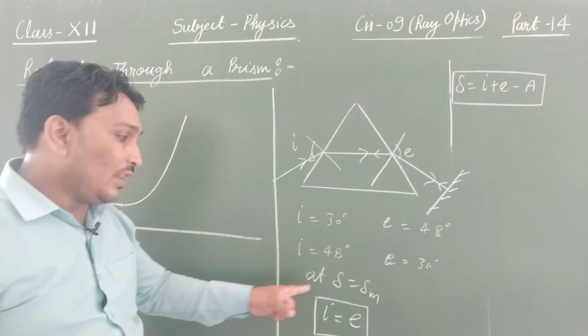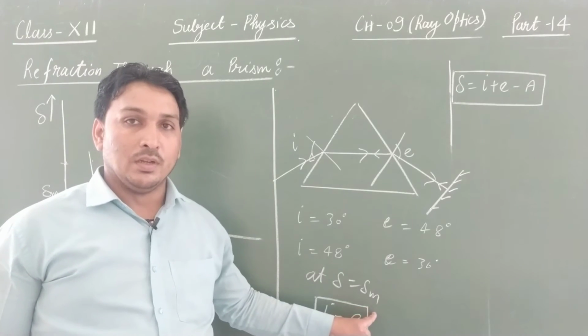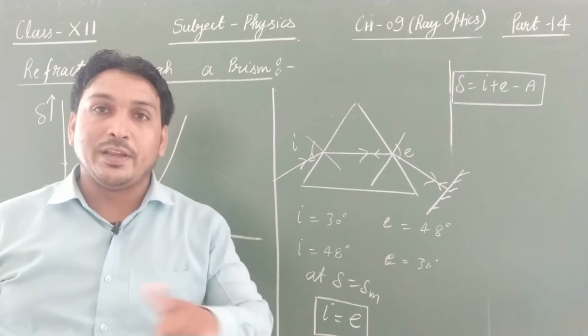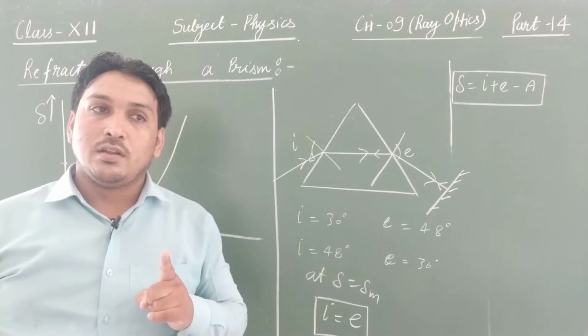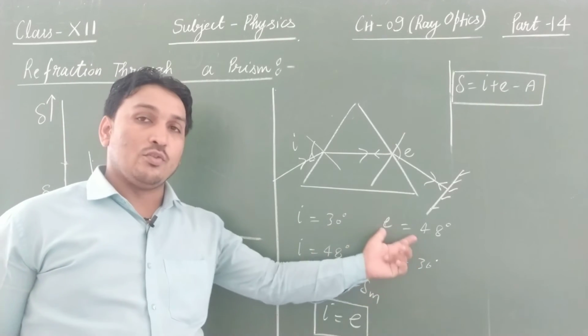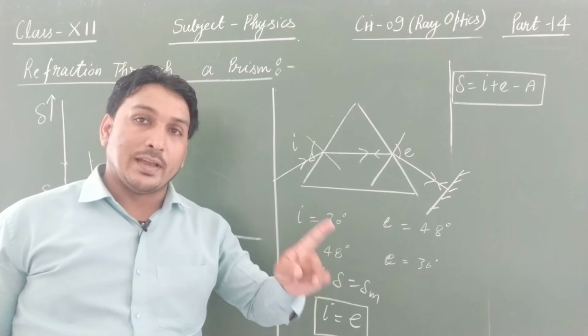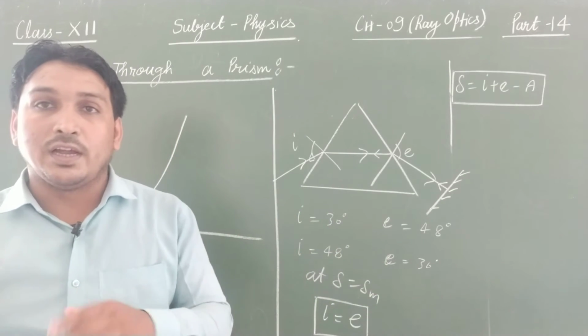So when the angle of deviation is minimum, it should be happening only once. But always there are two possibilities. So it is happening only in one case, when I is equal to E.